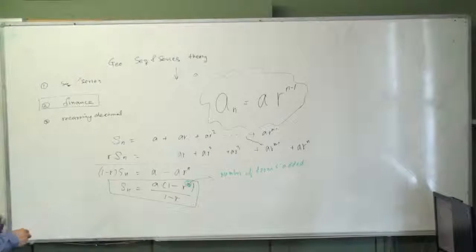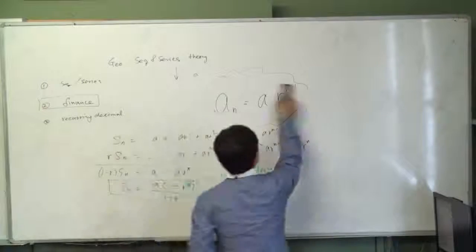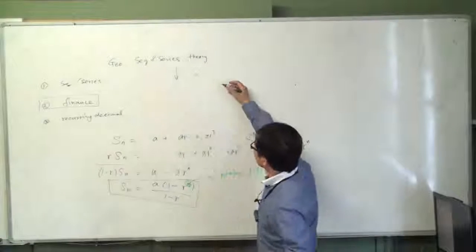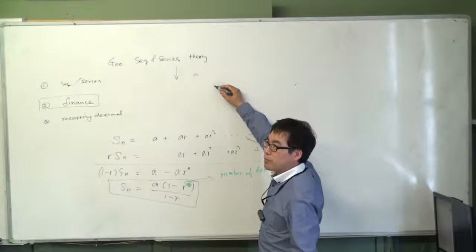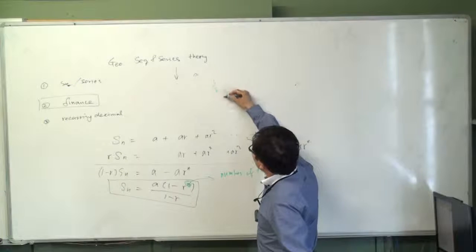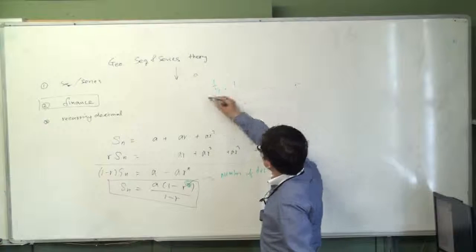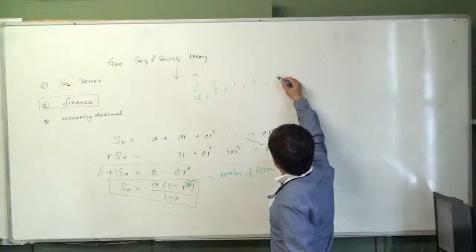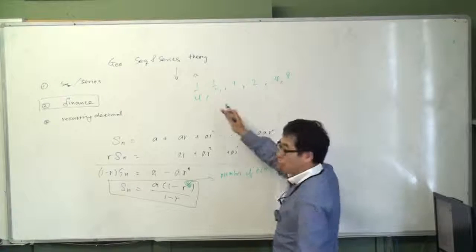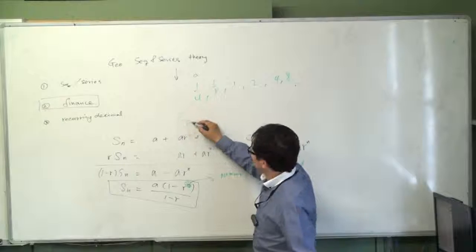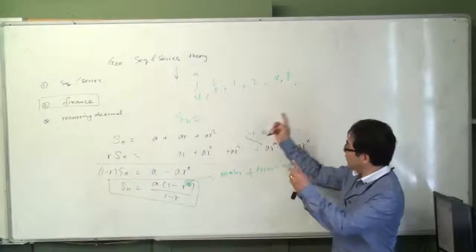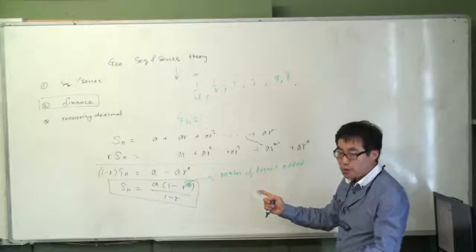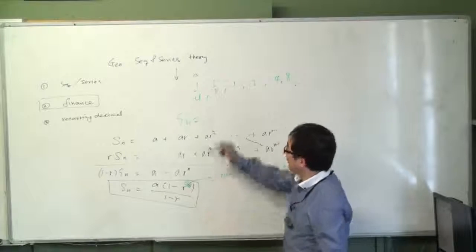For example, simply assume that we have 1/2, 1, 2, 4, 8. Now you'd like to add up. Just look, what is it? Is it an arithmetic sequence? It's a geometric sequence, isn't it? So okay, you can use that formula.